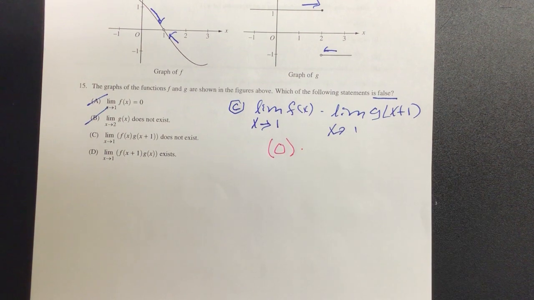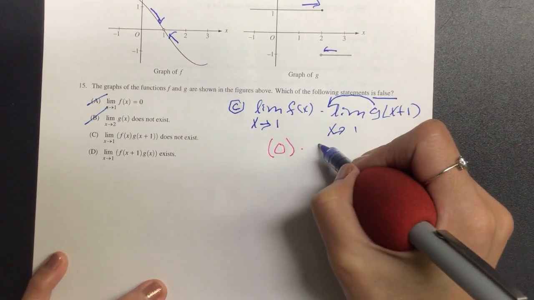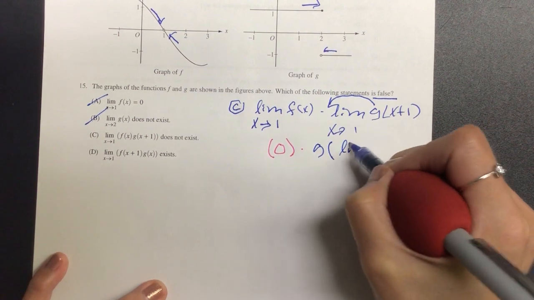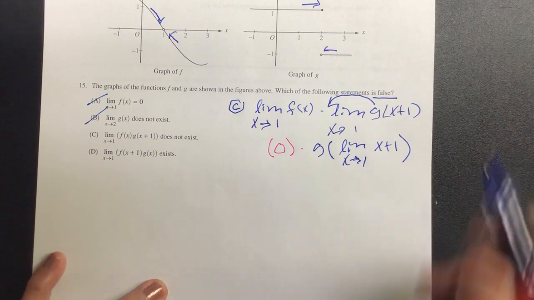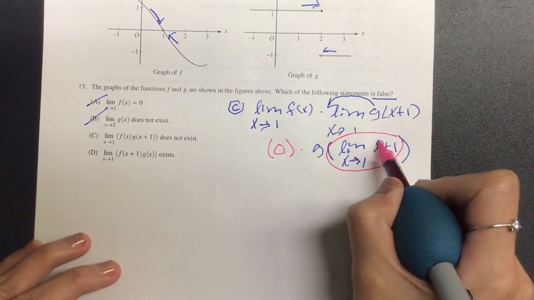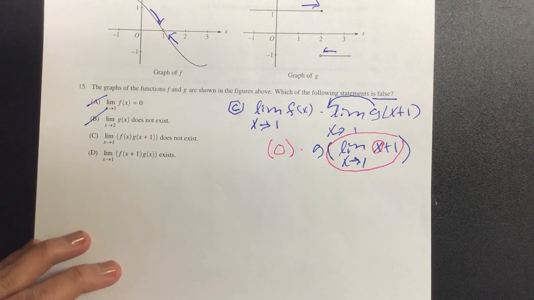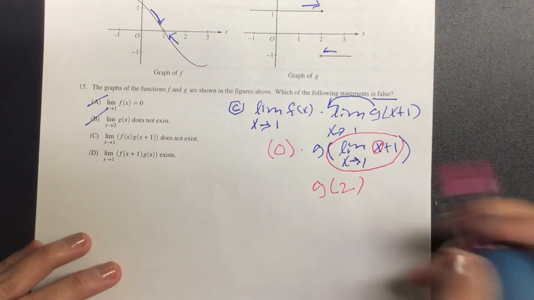0. This property, again, is something new. I can bring this to the front and say g of the limit as x approaches 1 of x plus 1. What that means is, when I compute this guy over here, and I plug in the 1 into the x, what is that inside number going to end up in? So let's find g of 2 then.